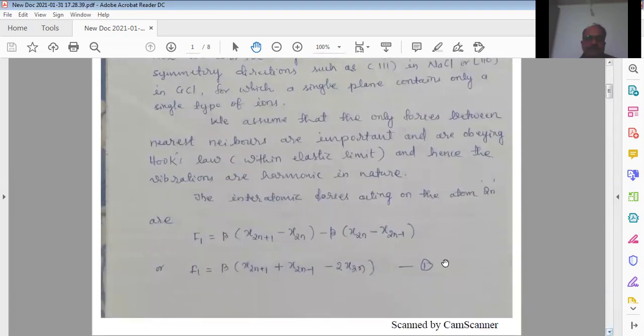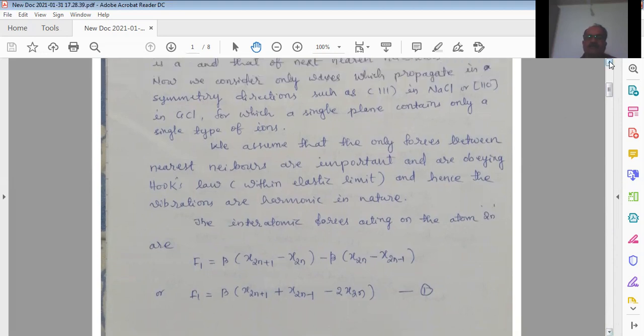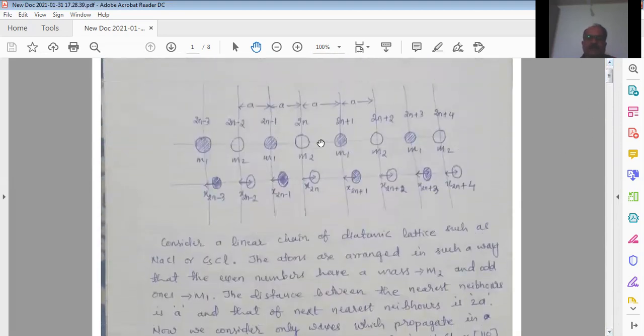Actually, two forces are acting on the atom 2n. I will show in this diagram. This is the 2n atom. One force acts between the 2n atom and the 2n plus 1 atom, let us say to the left, and another force acts between the 2n minus 1 atom and the 2n atom, to the right.